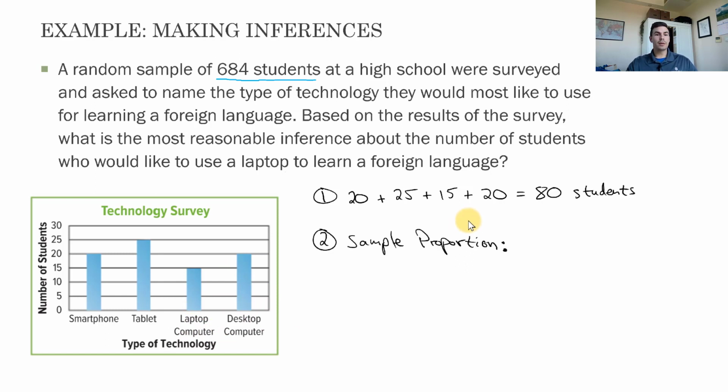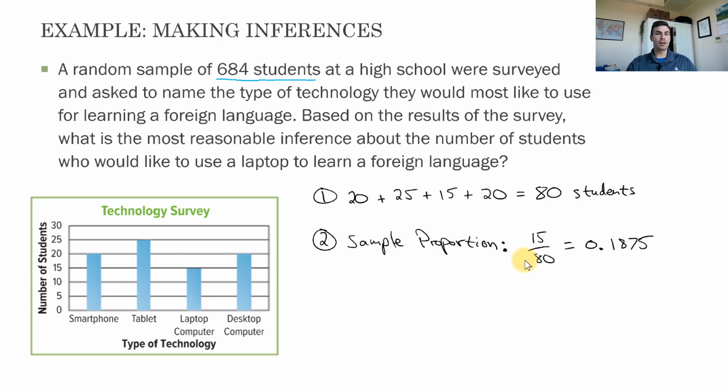Now we need to calculate what's called our sample proportion, which is just whatever my chosen characteristic is, the number of people who chose a laptop in this instance, okay, divided by our total sample size of 80 students. So 15 divided by 80, it's just that ratio there of the characteristic that we're looking at over the total sample size.